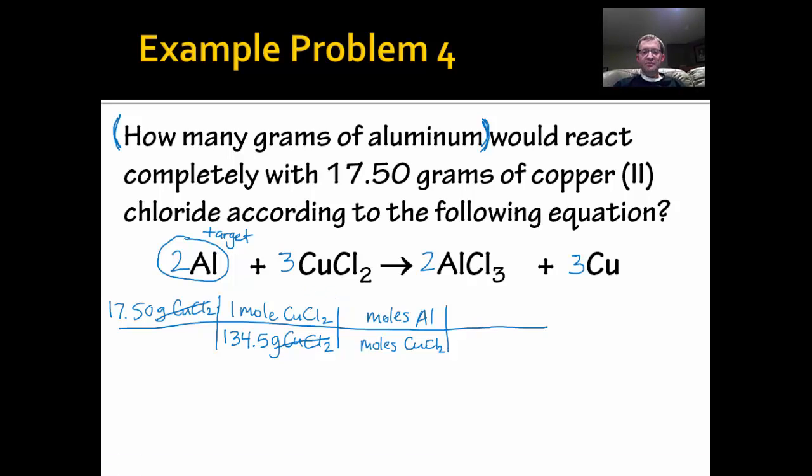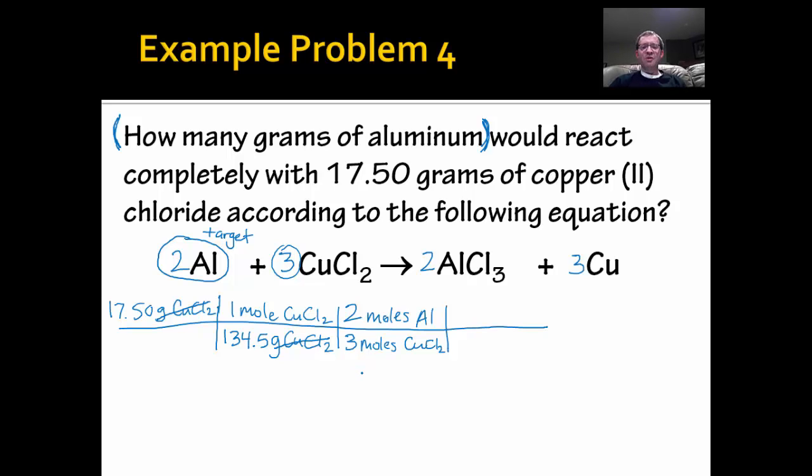So in this example, x and y, the coefficients on my middle step, will be, for aluminum, the 2 that we find is the coefficient in front of aluminum, so that 2 comes down here, and the 3 for copper chloride comes down and goes in front of copper chloride. What this is saying in that ratio step is that in this reaction 2 moles of aluminum are needed for every 3 moles of CuCl2. They react in a 2 to 3 ratio.